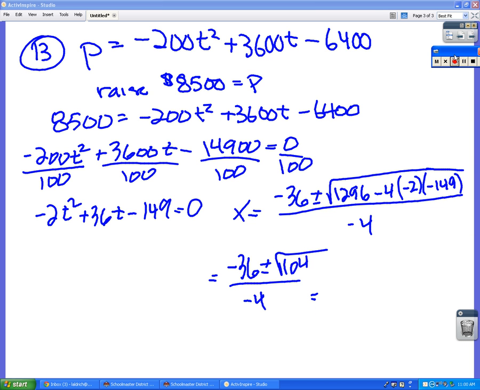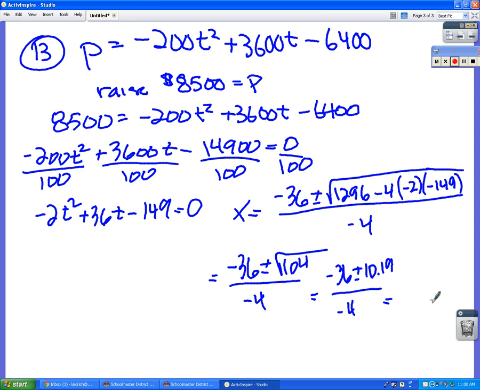So what's the square root of 104? 10.19, good. So we're going to go plus or minus 10.19 over negative 4. Okay, so now we have to go negative 36 plus 10.19, and then divided by negative 4.